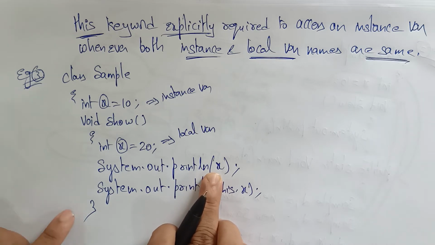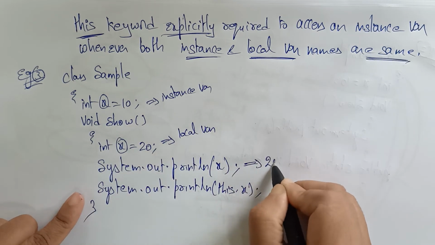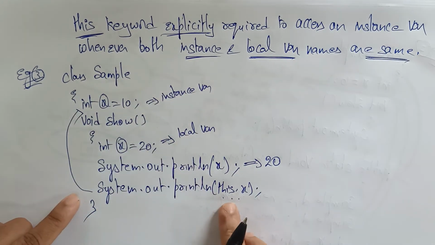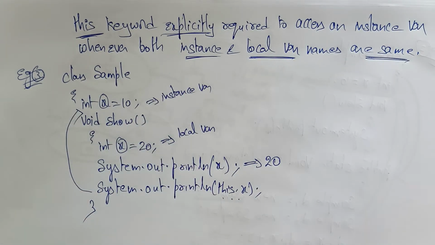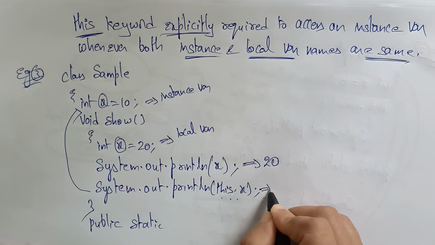If x is there, it is going to take only the local variable, so 20 is going to be printed. Whenever this dot x is there, it takes the instance variable, the current object value is going to be printed. Okay. So for that you have to write public static void main. So here it is 10.